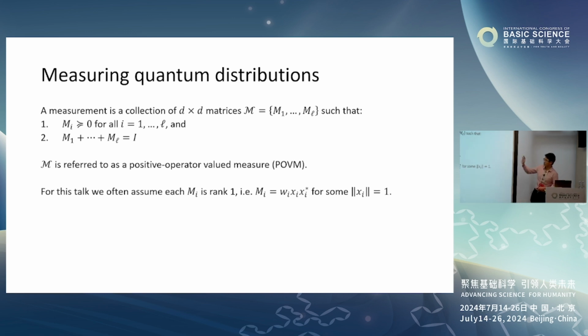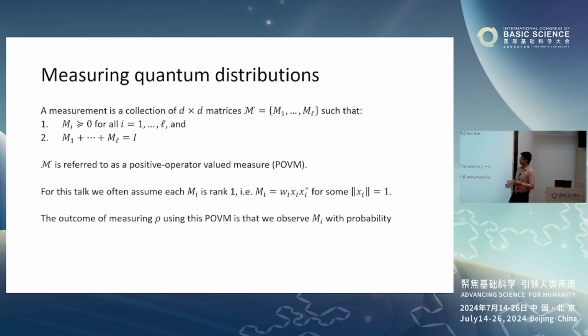Now, if I specify a measurement, what happens when I measure my state rho in this measurement? The outcome is I get one of these measurement outcomes back. And the probability of getting the ith measurement outcome back is exactly the trace inner product between rho and M sub i. You can verify that this is a valid probability distribution over M_1 through M_L.